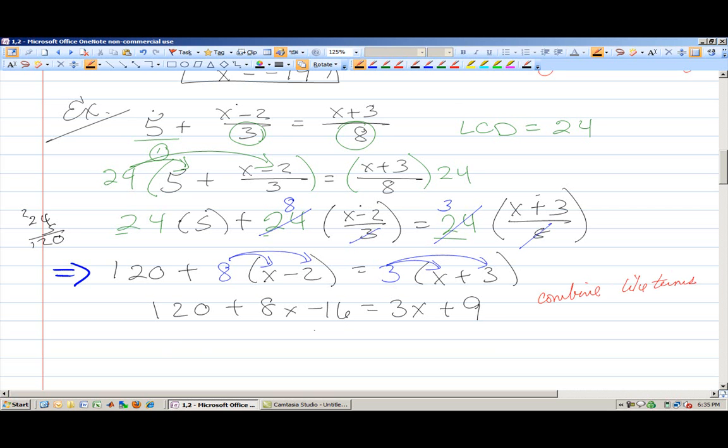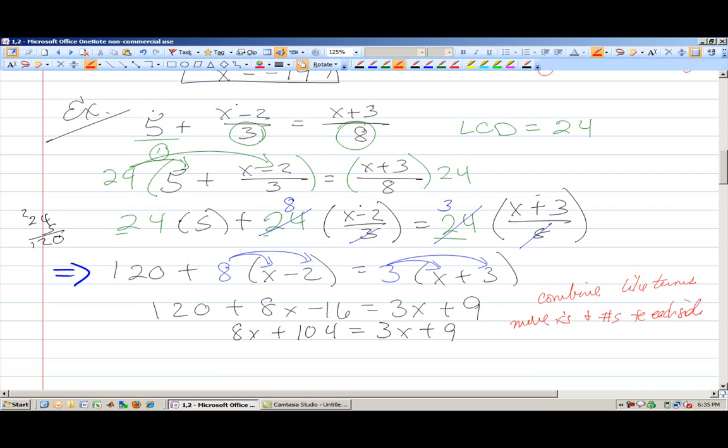120 minus 16 is 104. I'll write my 8x first, I like to keep them in order. 8x plus 104 equals 3x plus 9. And then I want to move x's and numbers to each side.